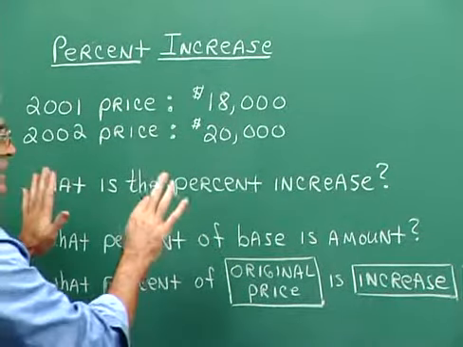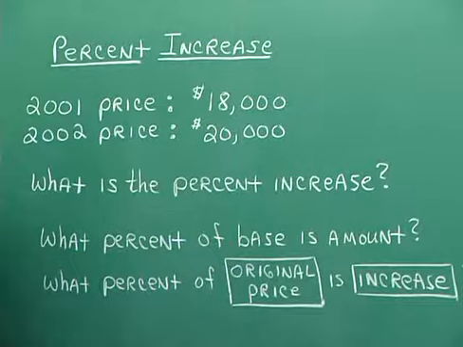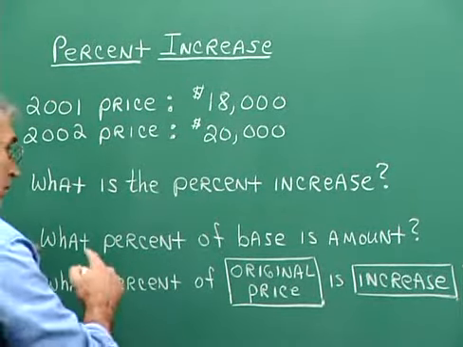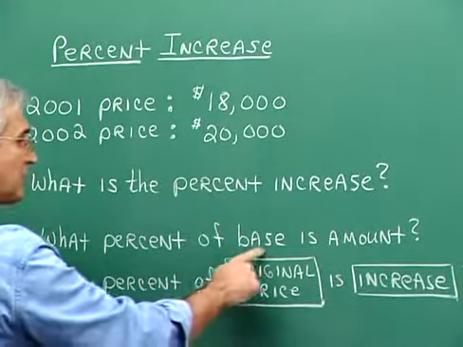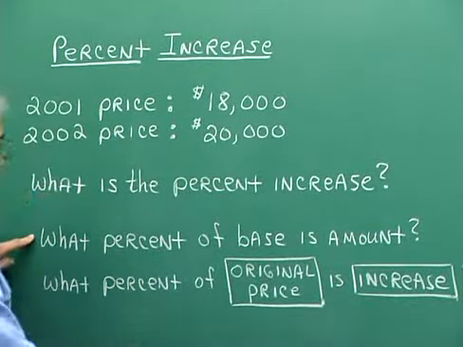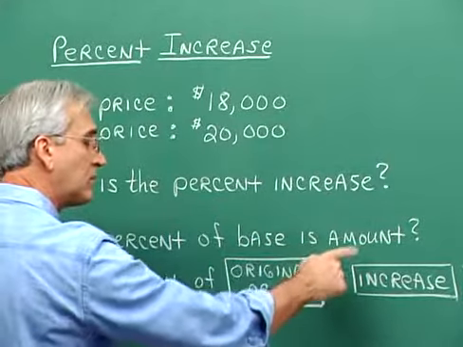Now, we can relate this back to something that we've had before. Remember, we had a percent equation before, and that percent equation worked like this. It was what percent of some base is some amount. So it was percent times base is equal to amount.